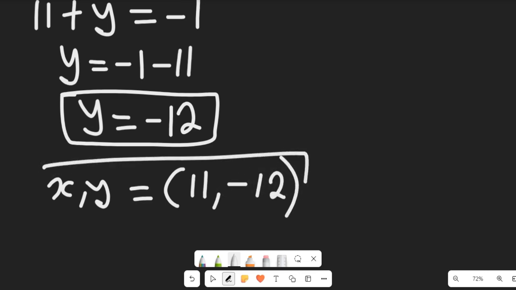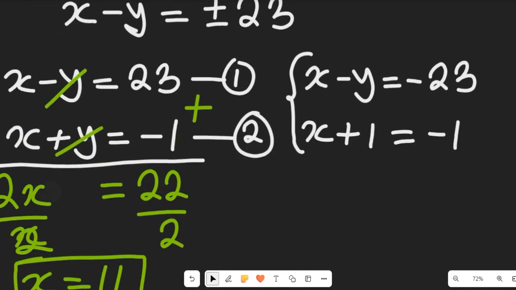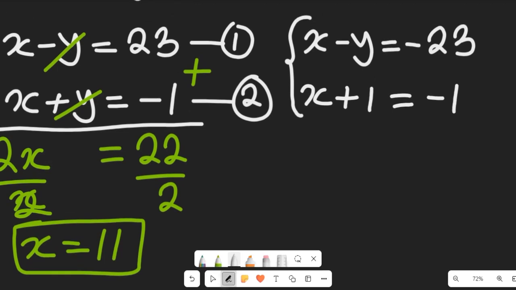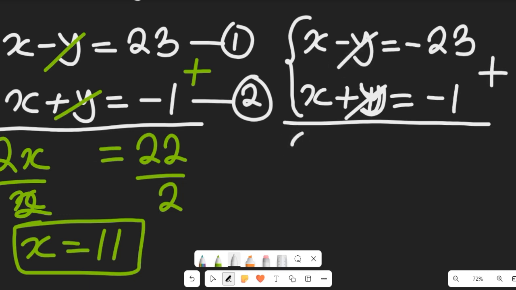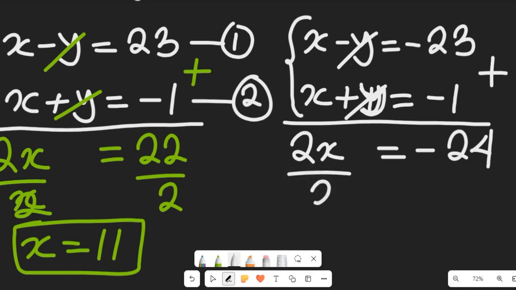Now from this other solution, what can we find? We are going to consider these two equations, and if we add them, the y terms give us 0, and then we'll have 2x equal to negative 24, right? So divide here by 2 and divide here by 2, x will be equal to negative 12.